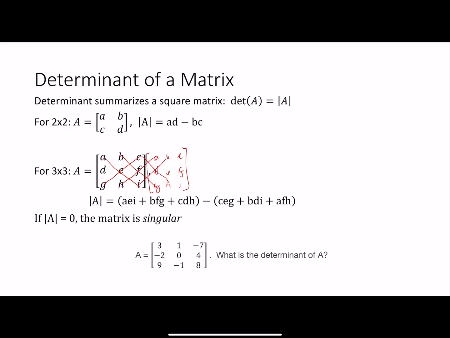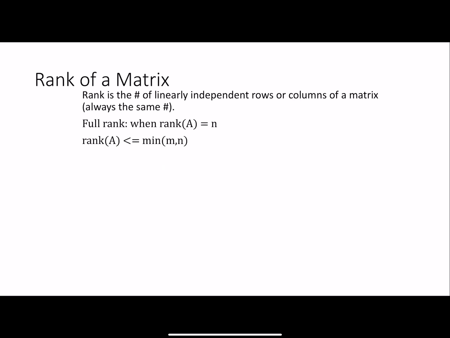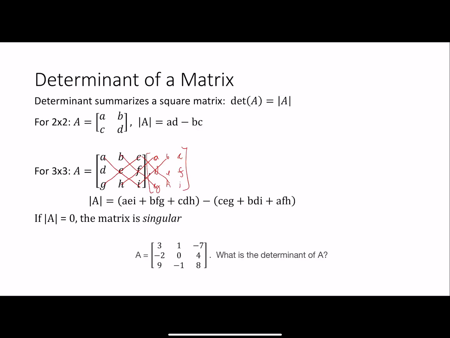So we do C, E, G plus B, D, I plus A, F, H. Then we take these values, add them together, and subtract from our first computation. Right? And if the determinant turns out to be 0, this matrix is singular.